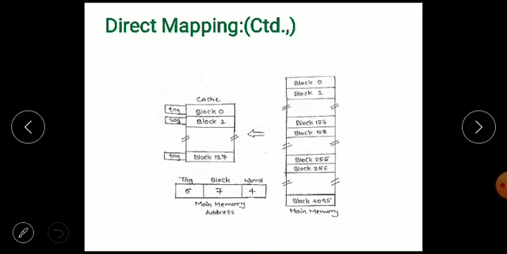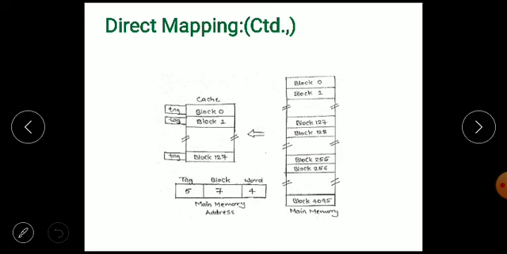Similarly, the same rule goes on for all the blocks, and the last block of every page from the main memory should be mapped into the last block, that is block 127, of the cache memory, right? So clear.